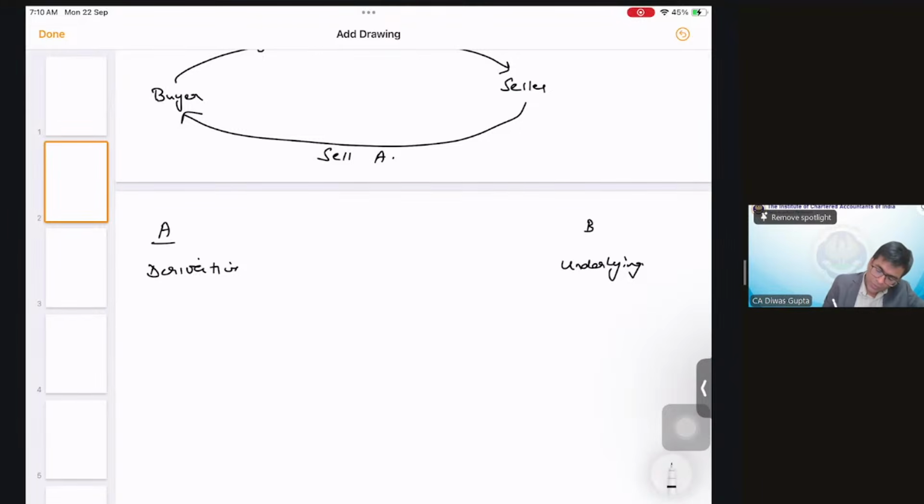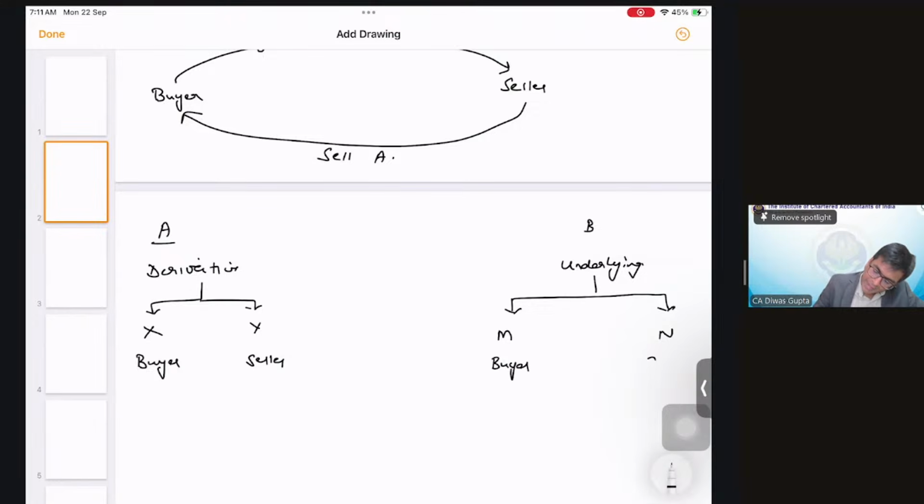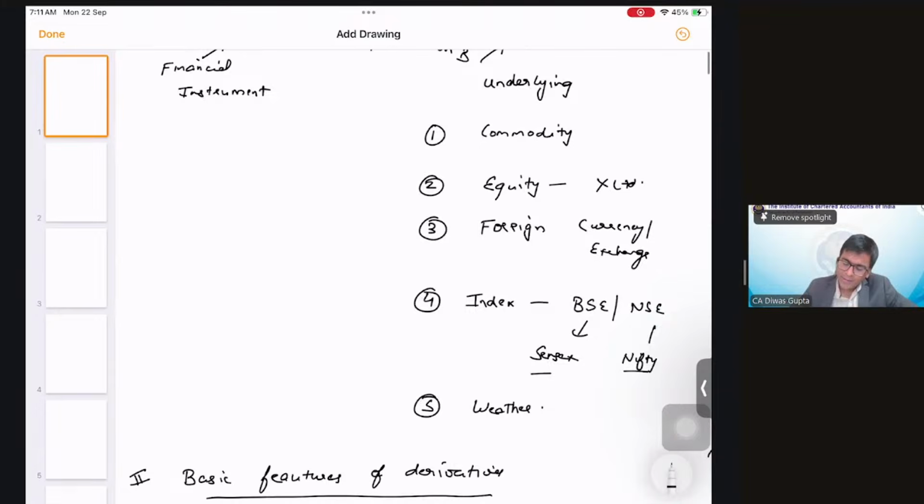So, for example, X and Y are buyer and seller of the derivative, and for this underlying, just to make it quite clear, let's take M and N as buyer and seller. For example, let's talk about equity.